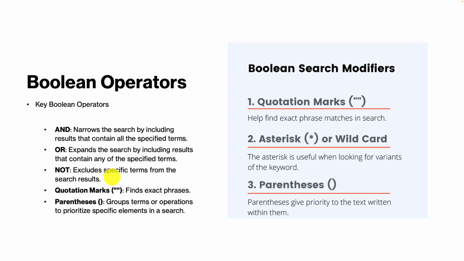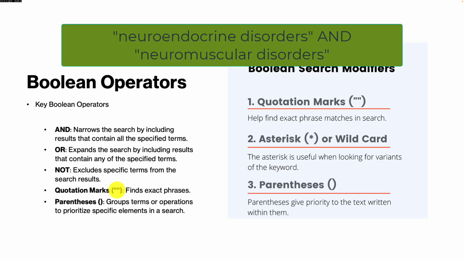If I just write neuroendocrine disorder, I'll probably get 4,000 papers that I have to go through. But I might want to put that in exact phrases, so I might say neuroendocrine disorder within quotation marks, and then say and neuromuscular disorders within quotation marks.